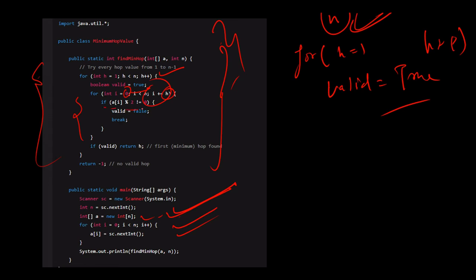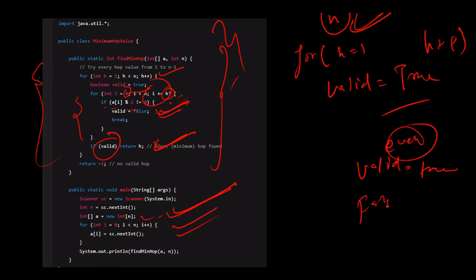Now we will be checking if each visited element is even. If each is even, that is very good, and valid stays true. Otherwise, if an element is not even, we make the valid value false. At the end of the loop, if nothing works, the answer is false, which is -1.